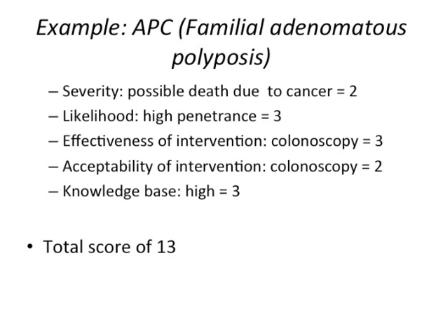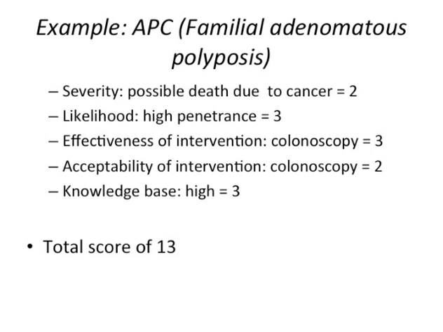Then if we look at the gene for a condition that can cause colon cancer, familial adenomatous polyposis, the severity score was a 2, possible death due to cancer. It's highly penetrant, the likelihood of developing multiple polyps that would become malignant was a 3.